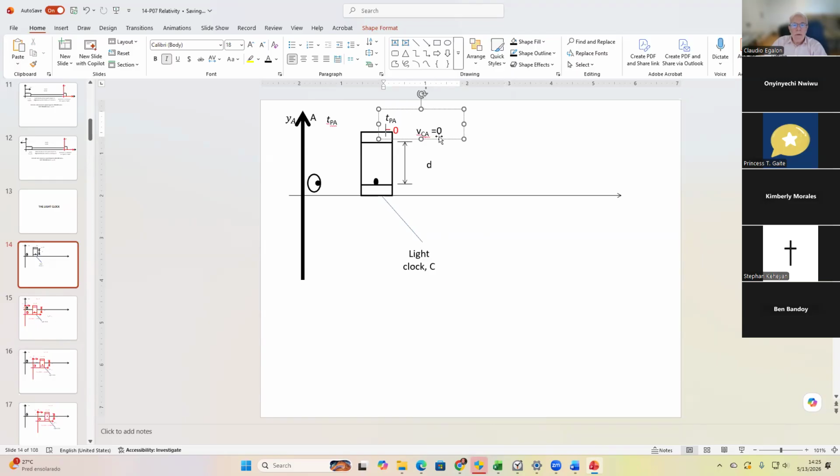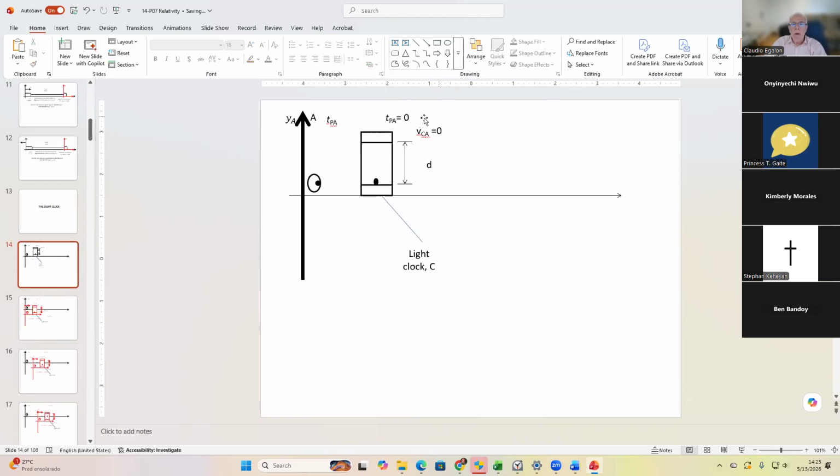Let's see here what's going on. Okay, now you start to get used to this notation. Okay, very important.